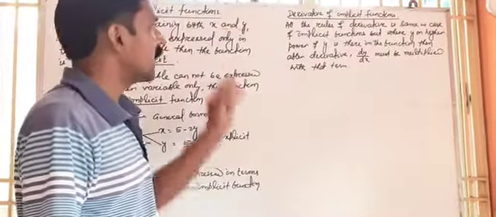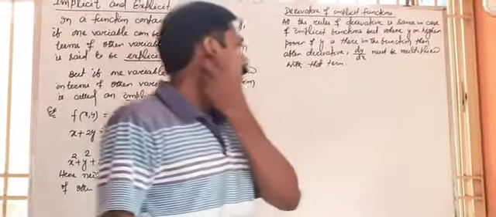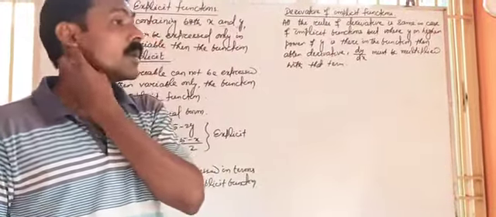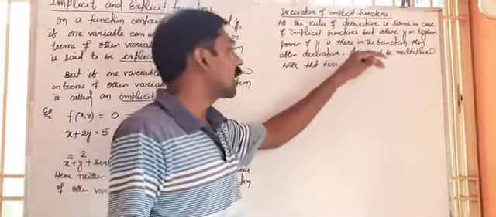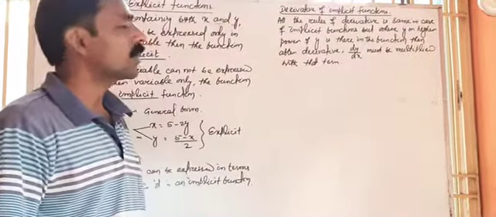What does it mean? Same rule, only you have to multiply dy by dx where the term contains y.